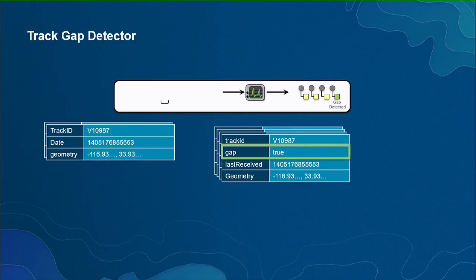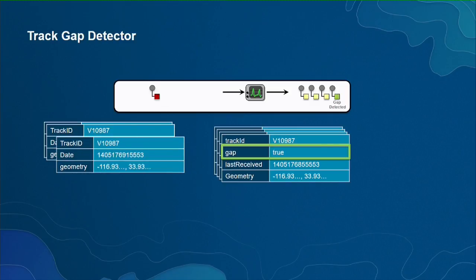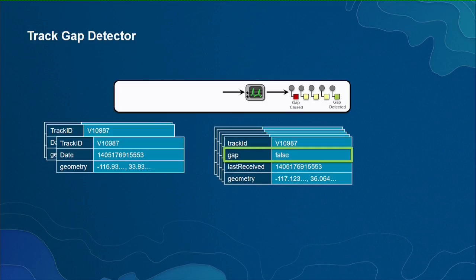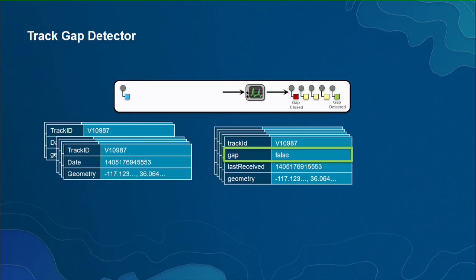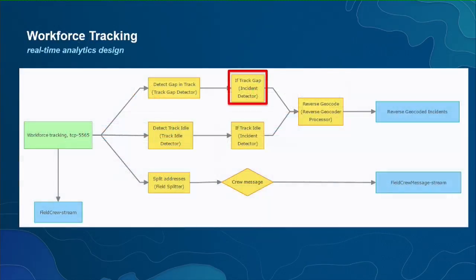Now, at such a point where we finally receive a new message from that track, if we ever do, the track gap detector then closes that condition, gap equals false, and then we move on. And as long as we continue to receive messages from that tracked asset, the gap continues to remain false. So that's how the track gap detector works.